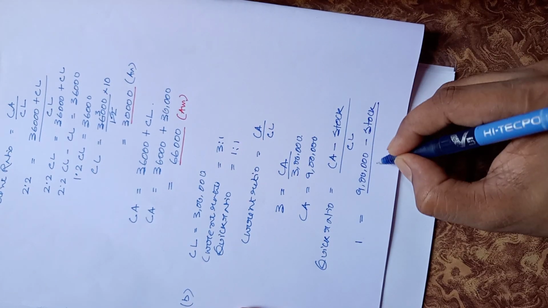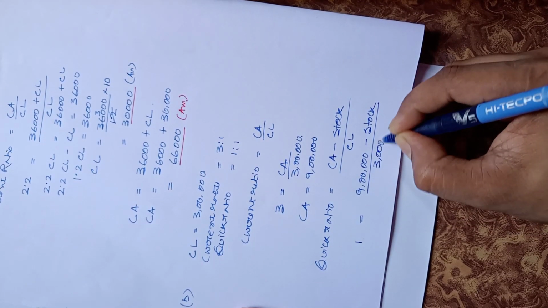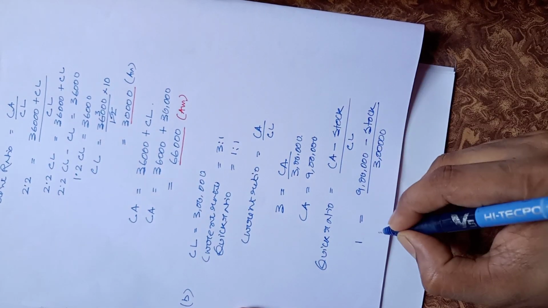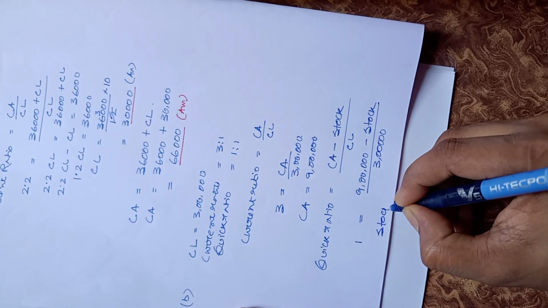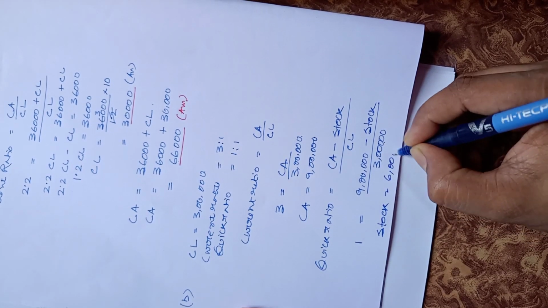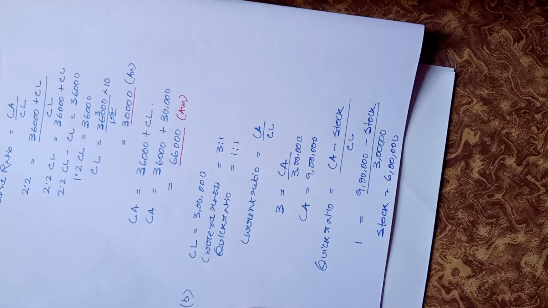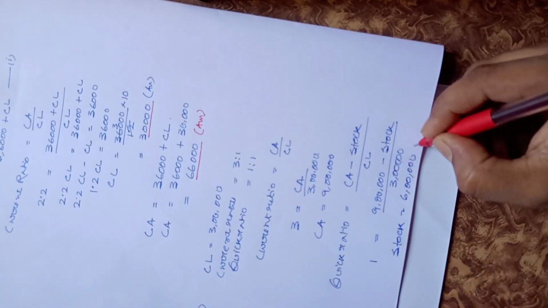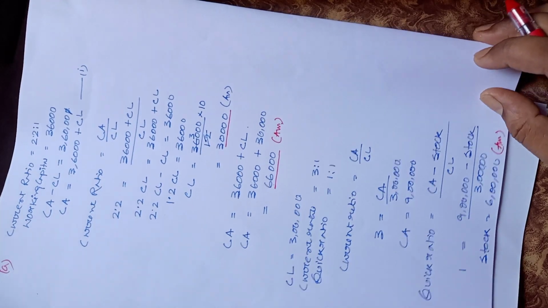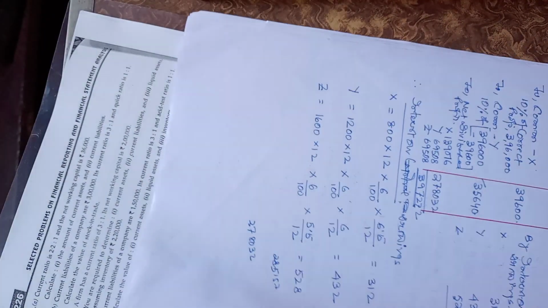The current liabilities we also know is 3 lakhs. So as a result, the stock will be 6 lakhs. This will be our answer. Okay student, so we finished part B.